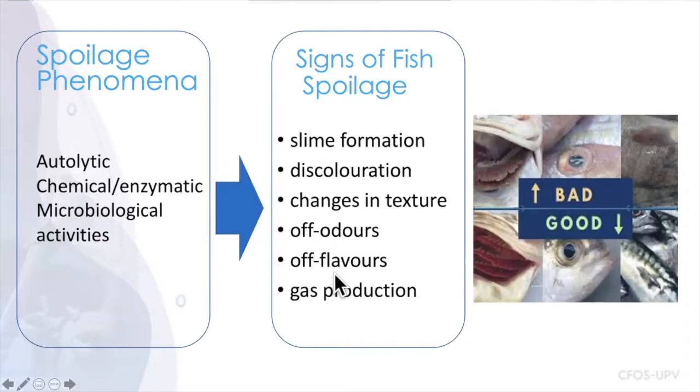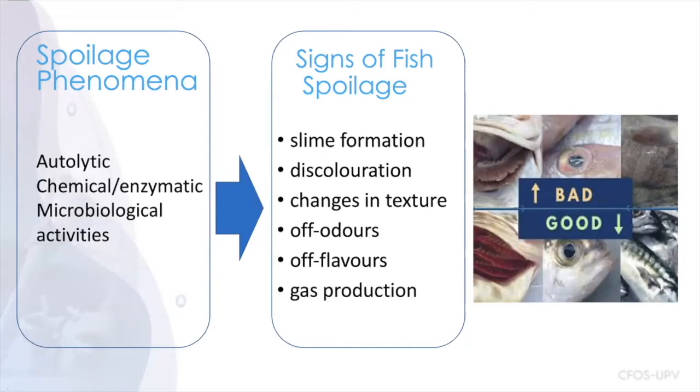I think we don't have a table here comparing the characteristics of a fresh and spoiled fish, but here are the signs of spoiling fish. Slime starts to form. There will be discoloration, especially in the case of salmon, for example. Diba, if it's very, very fresh, it's bright red.